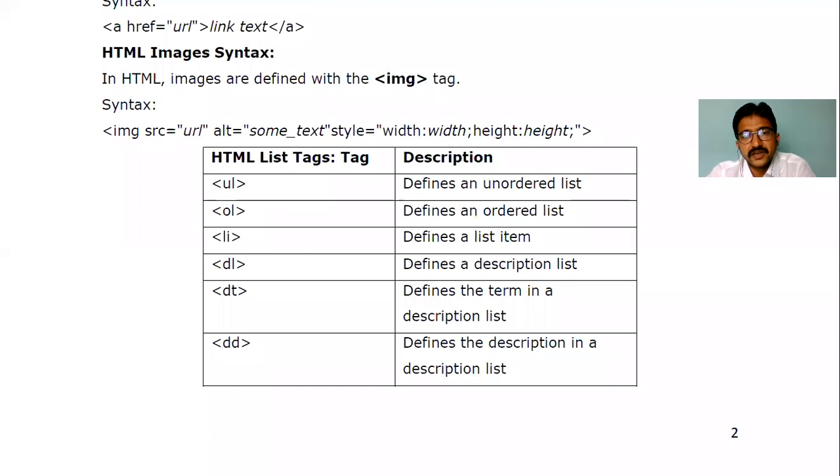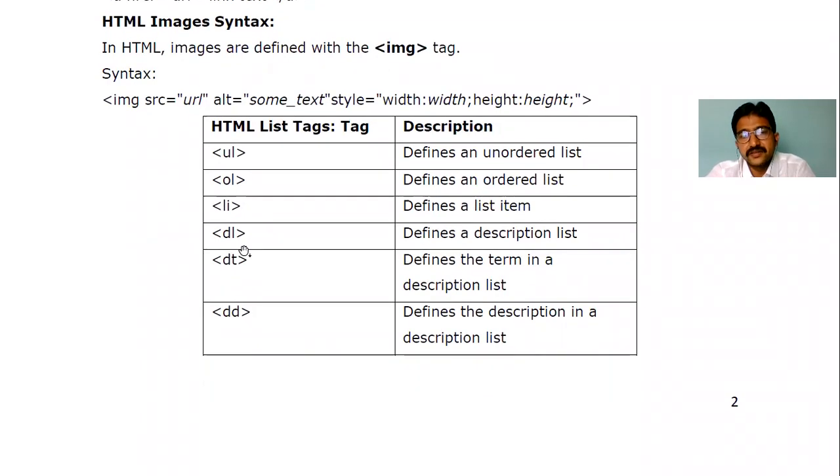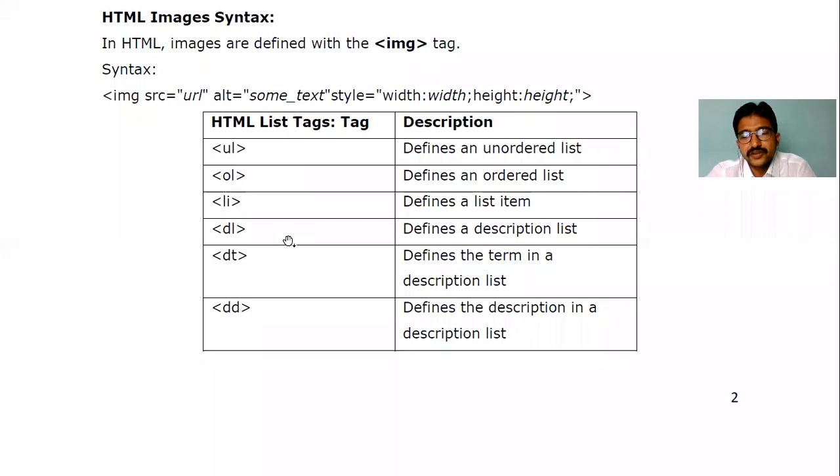If you want order, like small Roman i, capital Roman, capital A, 1, 2, 3, 4, you use ol. Li is defined for the list items; under it you can define ul or ol. DL is for description list, DT for entering the data term, and DD for the description. We can discuss this later. No need to worry.